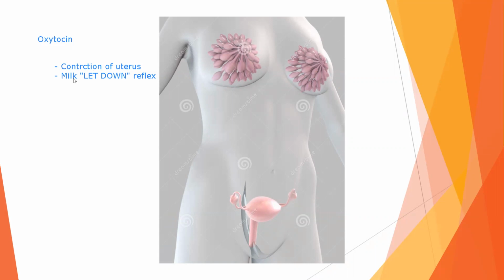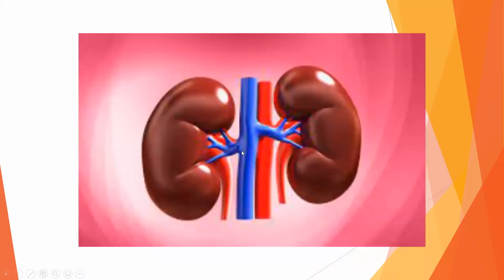Let's move forward to the next hormone released by your posterior pituitary gland that affects the kidneys at this time. Anybody from the class able to identify the hormone released by the posterior lobe that is responsible for retention of water by the kidneys?